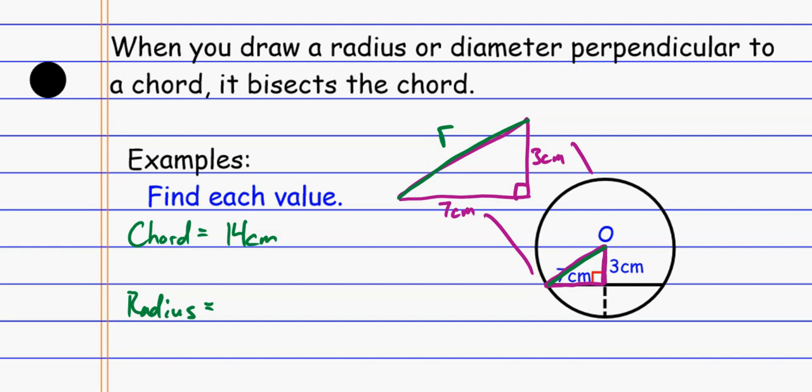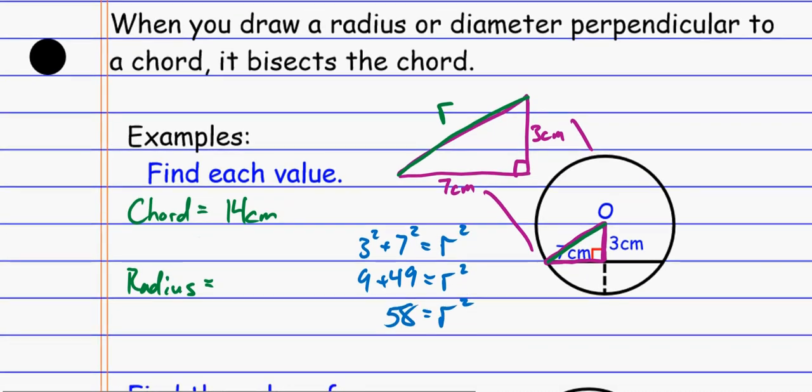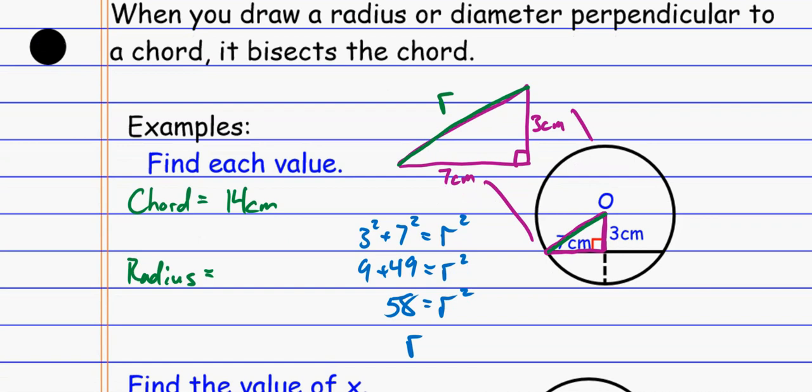So a squared plus b squared equals c squared, or in this case, r squared, the radius squared. And so I simplify. To solve this, I take the square root. If I take that square root on my calculator, I get 7.6. So the radius is 7.6 centimeters, okay?